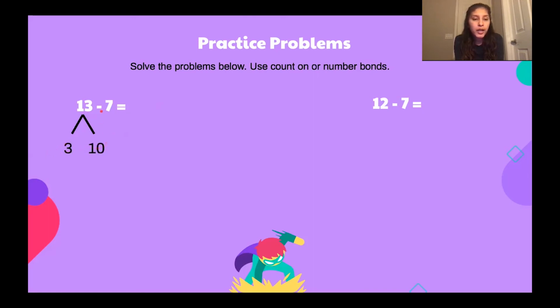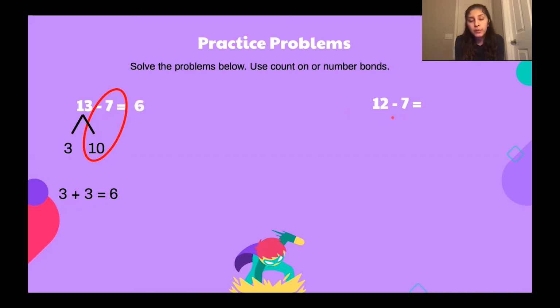And I know that I can subtract 7 from 10 because 10 minus 7 is 3. So I'm going to circle that because I know I'm subtracting that. So I have 3 plus 3, and I know 3 plus 3 is 6. So 13 minus 7 equals 6.